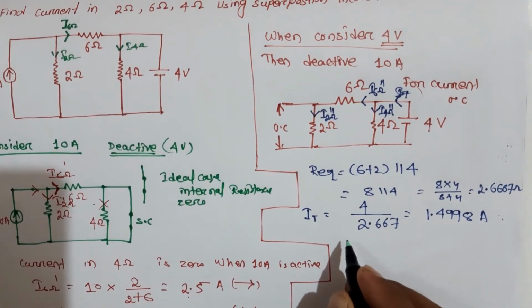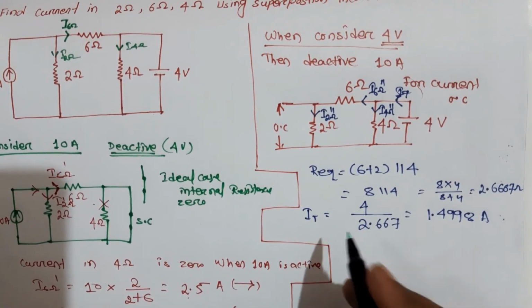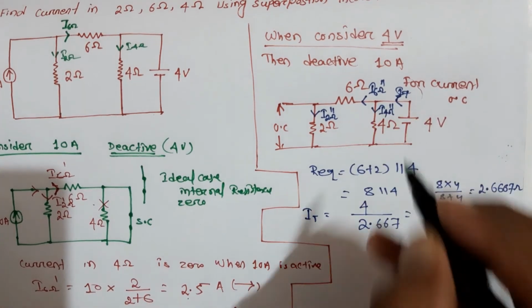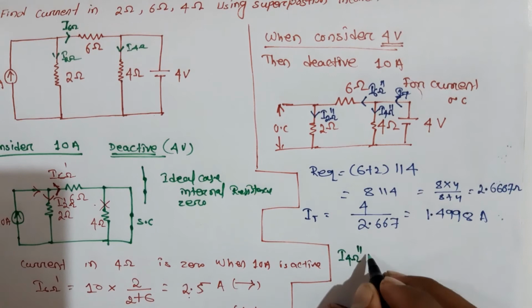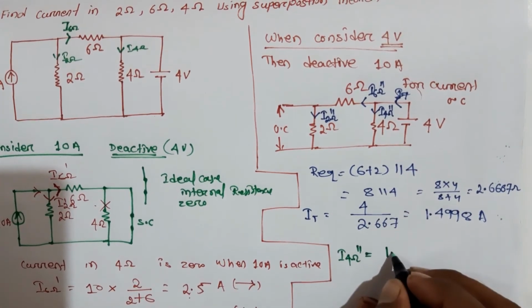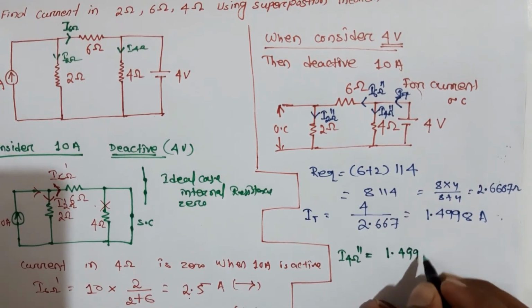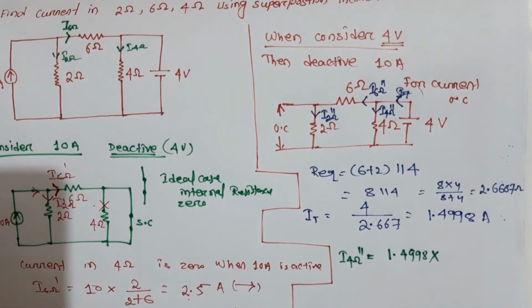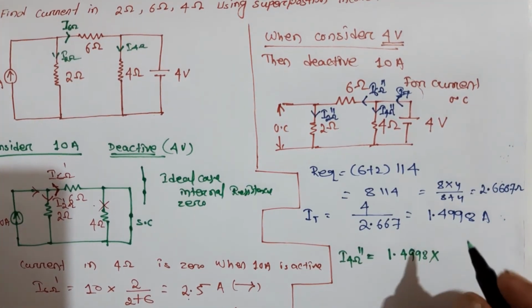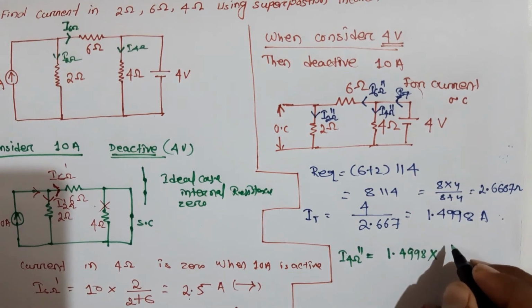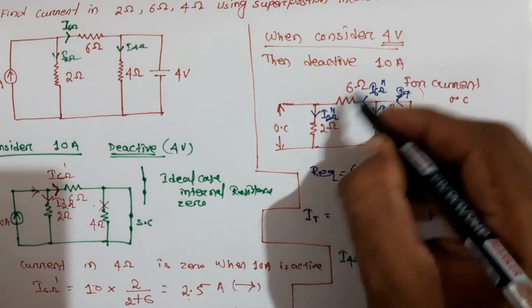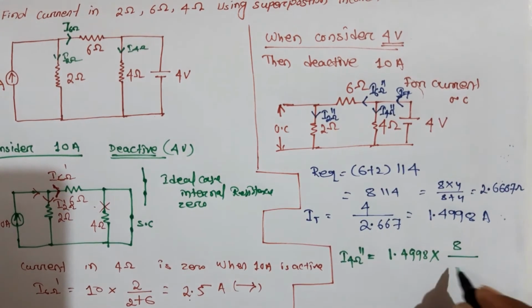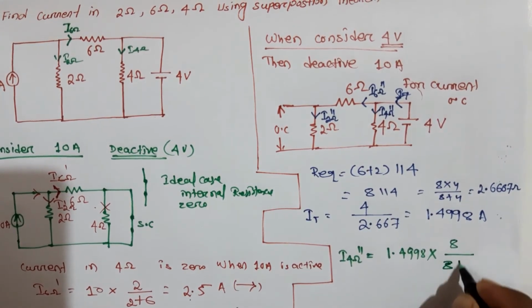Here the current is divided between these. If you find the current in 4 ohm, I in 4 ohm double dash is equal to 1.4998 into the opposite resistance. Opposite means this series 8, divided by 8 plus 4.